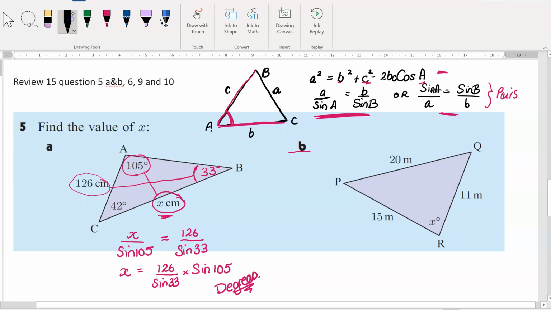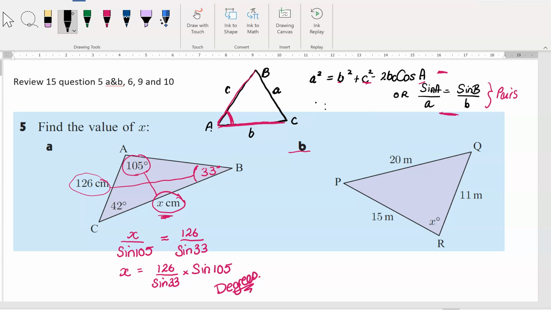Now this is something that you might want to write on your help sheet. The formula rearranged: if I put minus 2bc cos A, I'm just going to get rid of this stuff now so I can write it there. That should be somewhere in your help sheet anyway already.